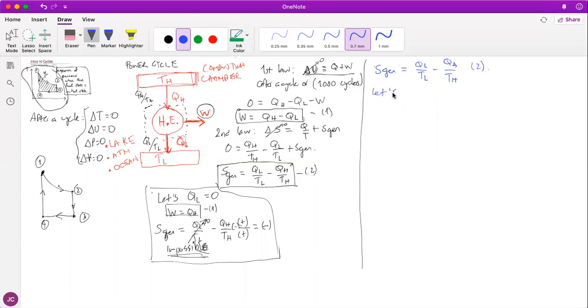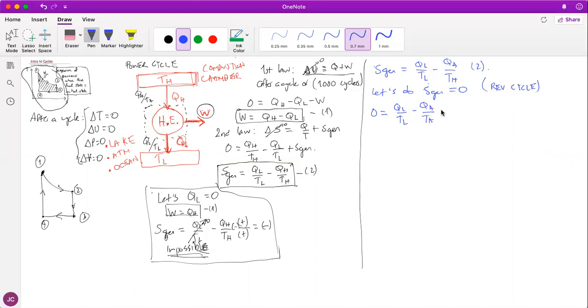So now let's do the ideal process. Maybe you know what I'm trying to do. Let's just do Sgen equals 0. That is, let's just do a reversible cycle. Maybe you have heard or read about this word, reversible cycle. So 0 equals QL divided by TL minus QH divided by TH.